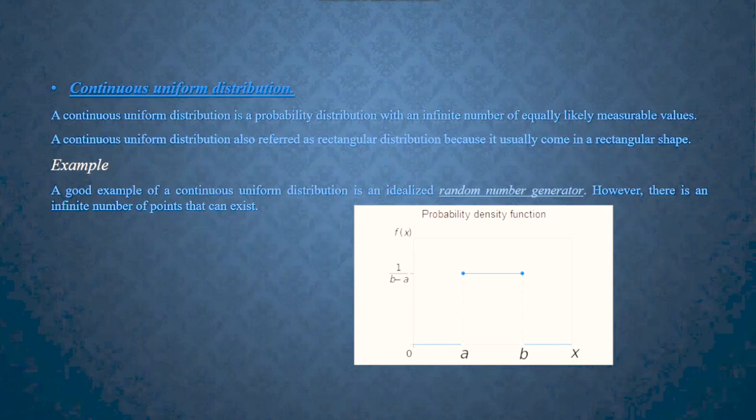A good example of continuous uniform distribution is an idealized random number generator. There is an infinite number of points that can exist. As you see in this graph, there is an infinite, or uncountable, number of points between the point A and the point B.